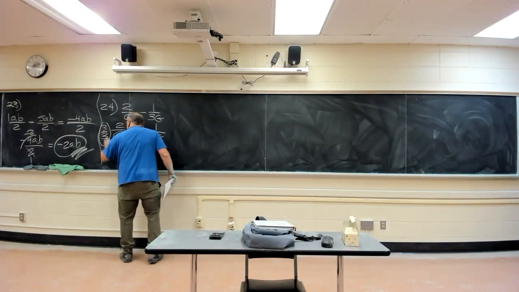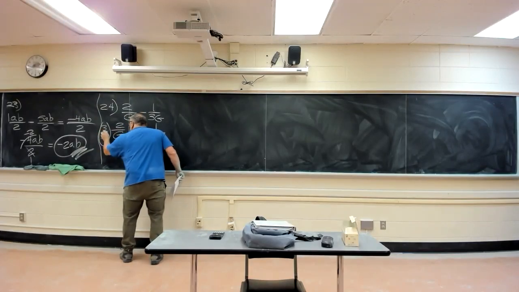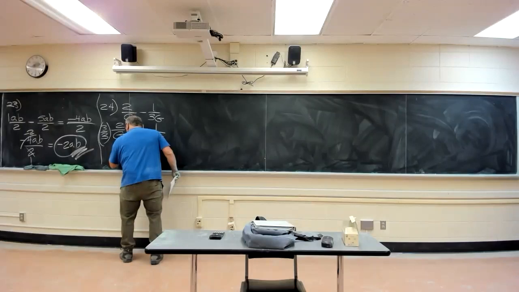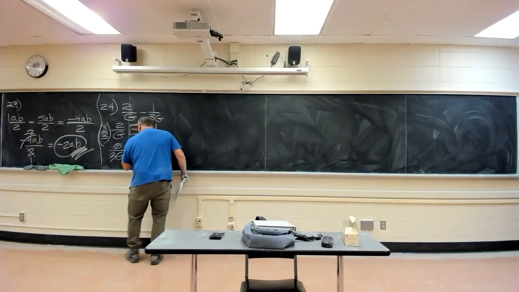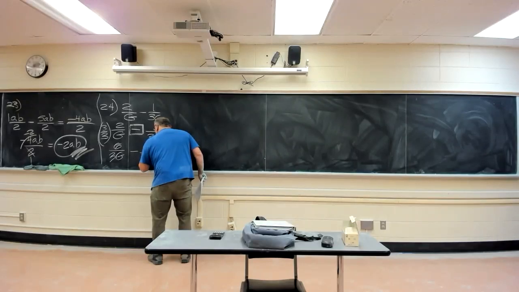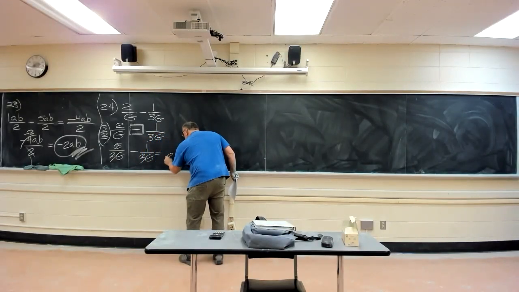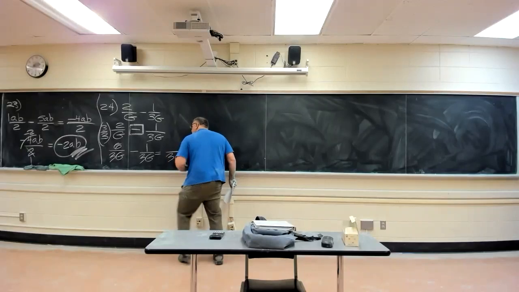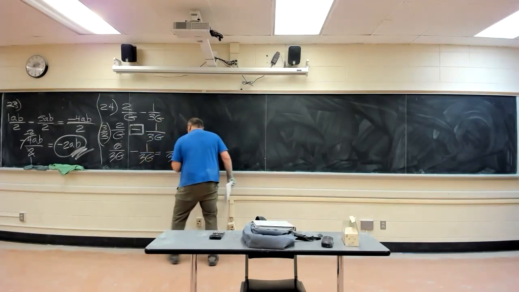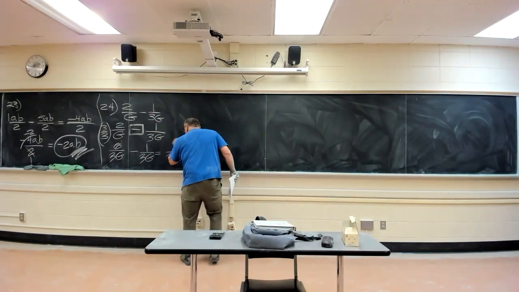3 over 3. 3 times 2 is 6. 3 times g is 3g. This is 3g here. You worked hard for the common denominator. You have it. 6 minus 1 is 5.